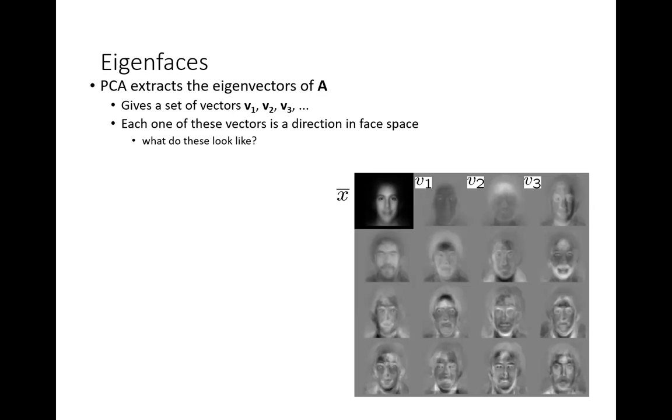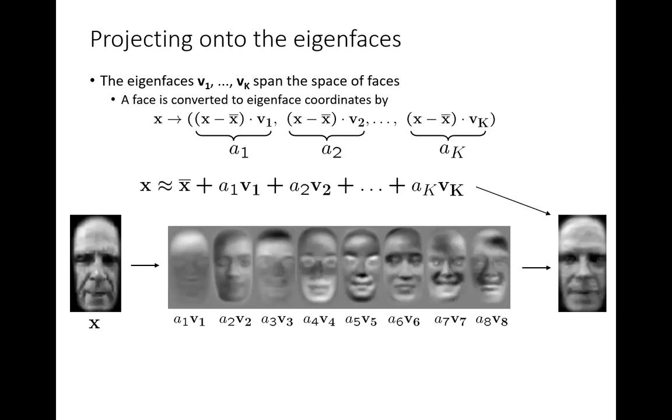Basically, given a collection of pictures, we can extract the eigenvectors, the eigenfaces, and then we can represent any picture as a summation of different eigenfaces, each weighted by a certain weight value.